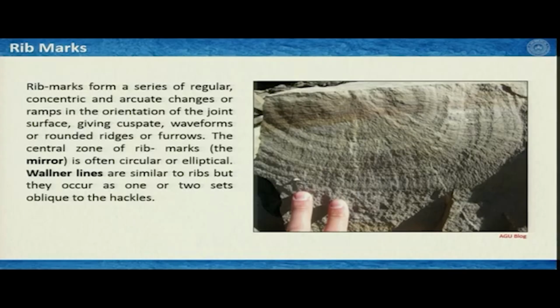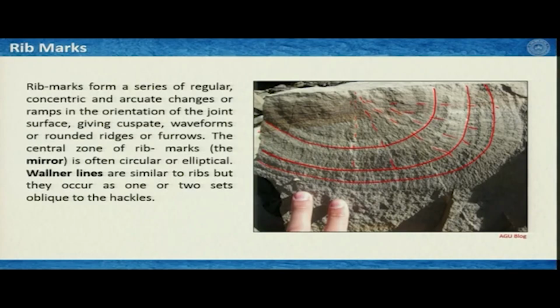Now, we will see fantastic images of plumose marks in the next slide, but you see probably the plumose marks like this here, and these are your rib marks. So this is a jointed surface and these things are your rib marks.